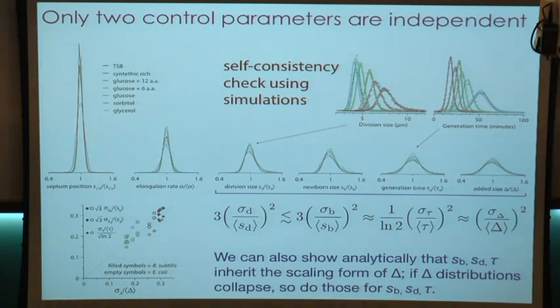In other words, if you know the distribution and the width of this particular parameter, you can actually explain or predict the width of all other parameters. Furthermore, if this guy collapses, everything else has to collapse. So the other parameters also should inherit these scaling properties of delta itself, okay? As you can see here. Right? So we are very happy.